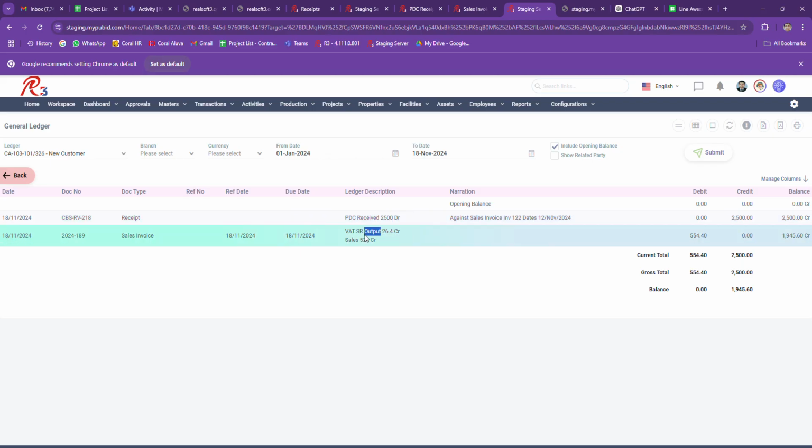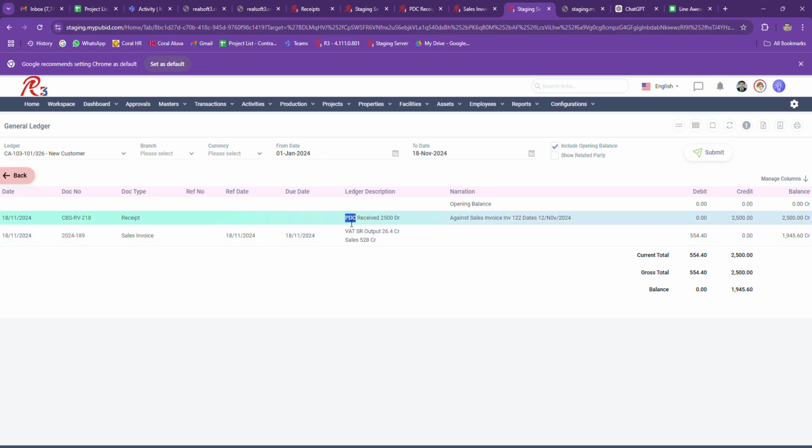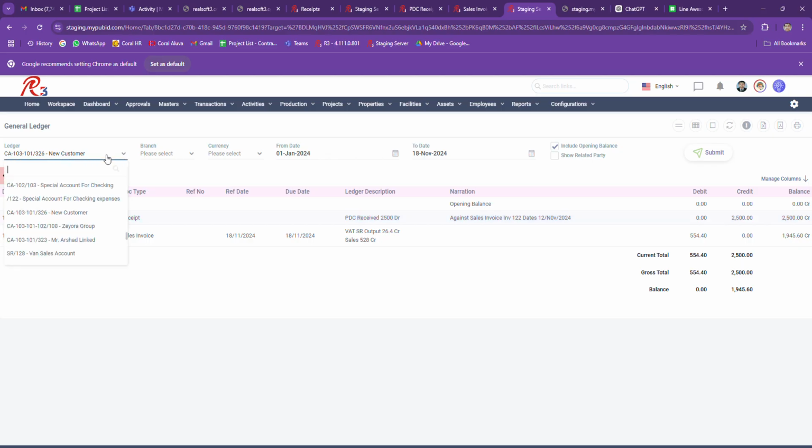These two entries you can see. And now what we did is a PDC received. So we will check this PDC received account here. By this way we can identify how the PDC is realized, PDC realized to our bank account.